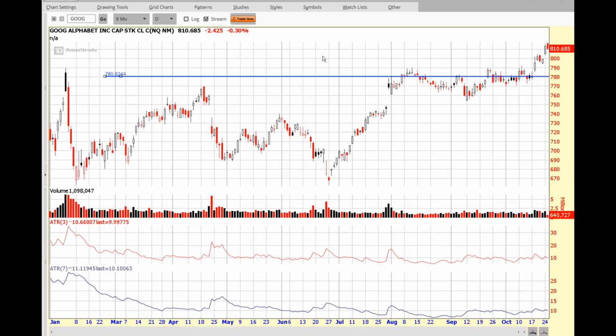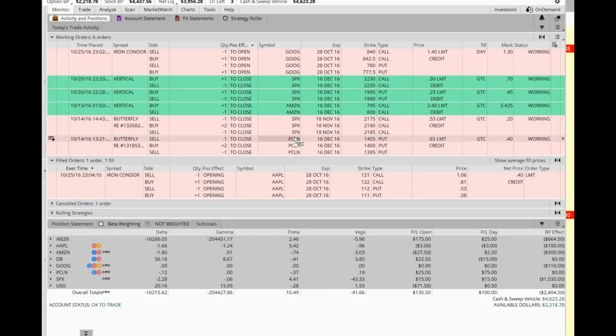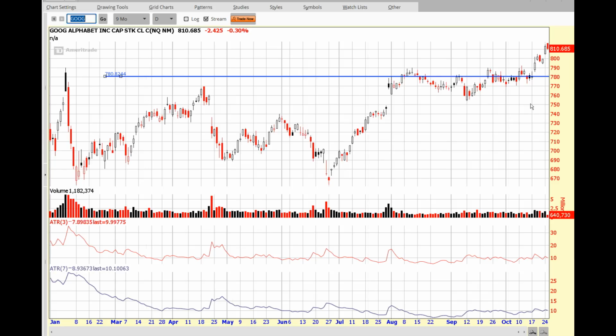So this is our safety zone for the put side. Then the call side will be 840. 840 is way above the chart.